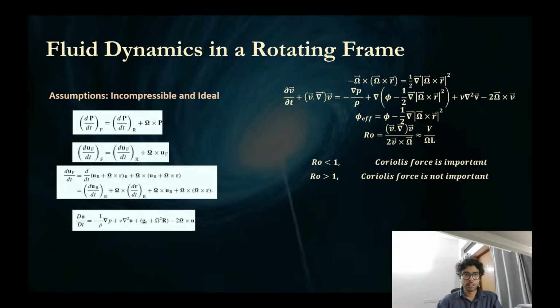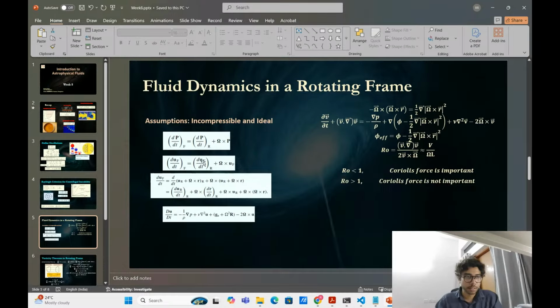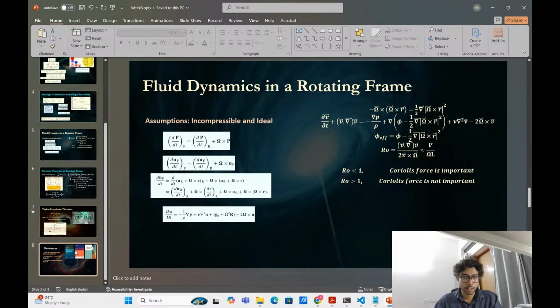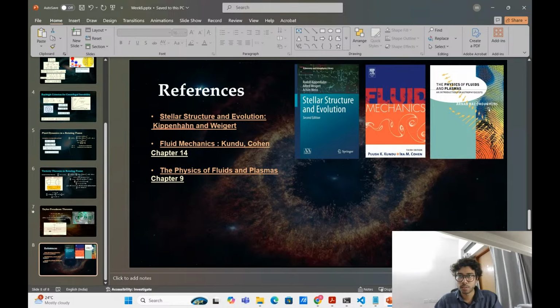Now we will study fluid dynamics in a rotating frame. Before that, for the materials on fluid dynamics in a rotating frame, you can study from the Kundu Cohen book. This is not actually chapter 14, so this should be 3 or 4.